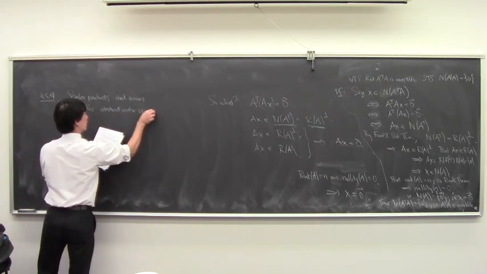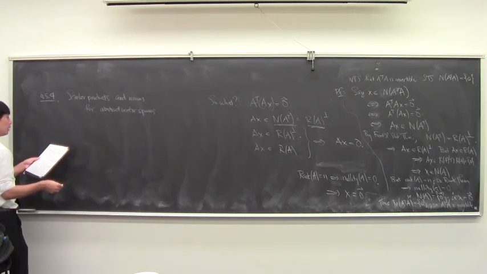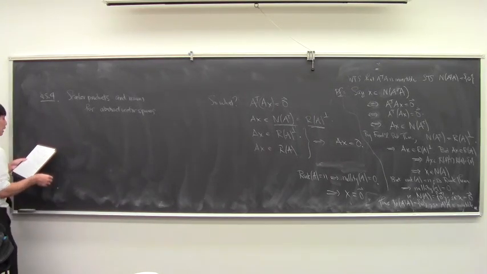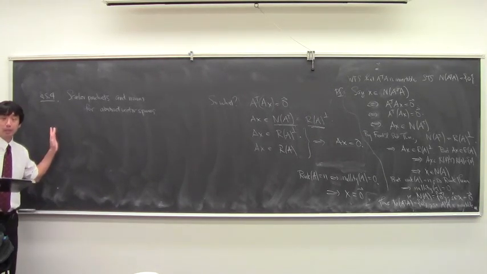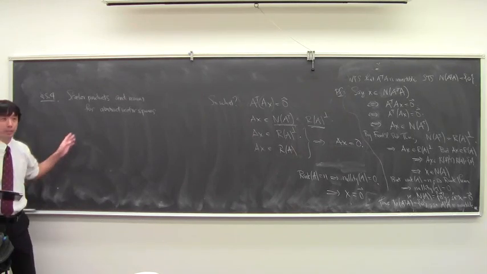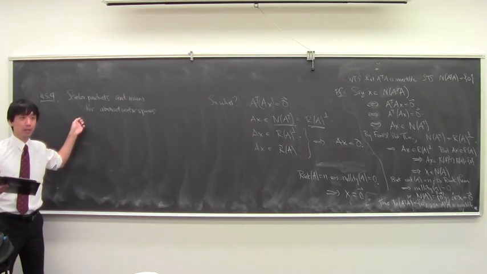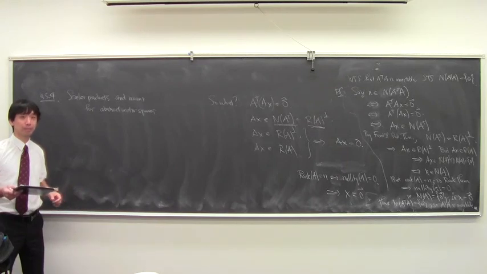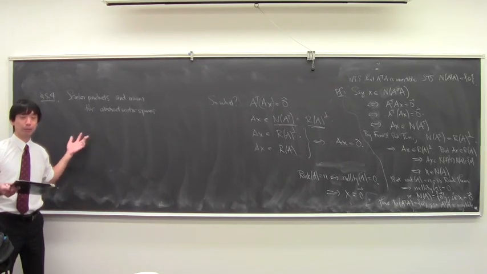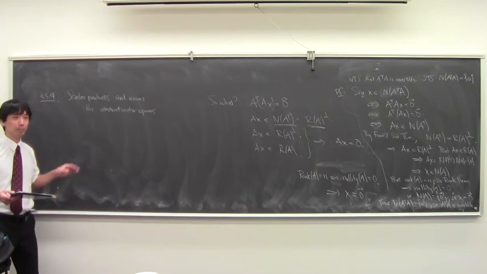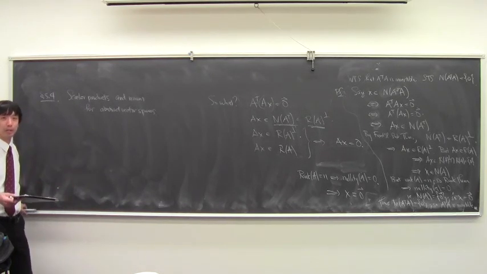Okay, so what we're going to do is put a dot product on abstract vector spaces. We have some vector space, and it may be that we're able to put something like the dot product on these spaces.